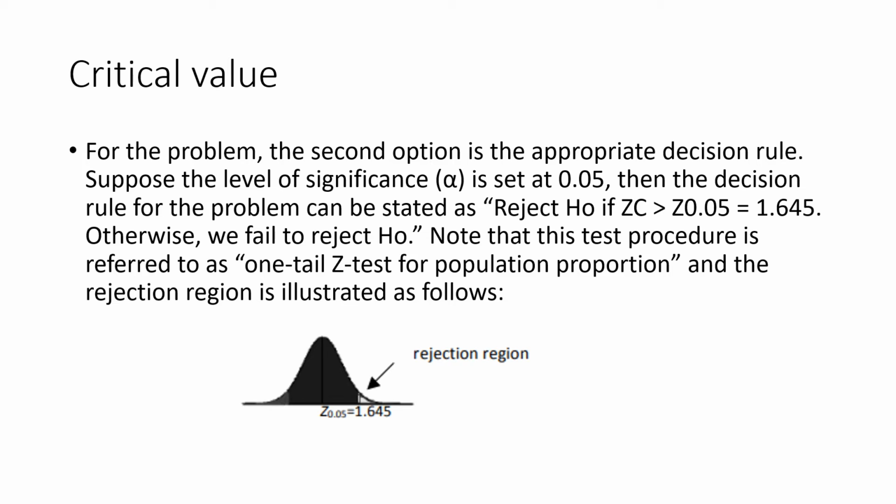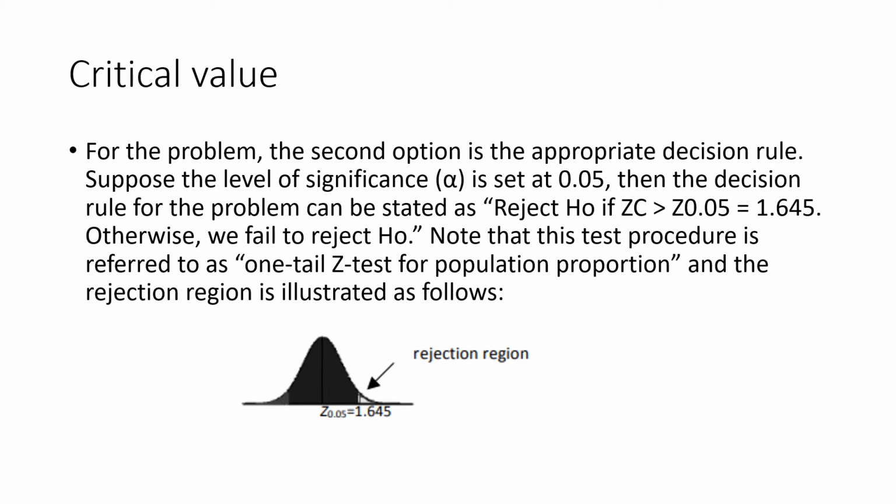For us to come up with a good decision, we should have an appropriate critical value. For the problem, the second option is the appropriate decision rule. Suppose the level of significance alpha is set at 0.05, then the decision rule for the problem can be stated as: reject the null if z computed is greater than z critical of 0.05, which is 1.645.